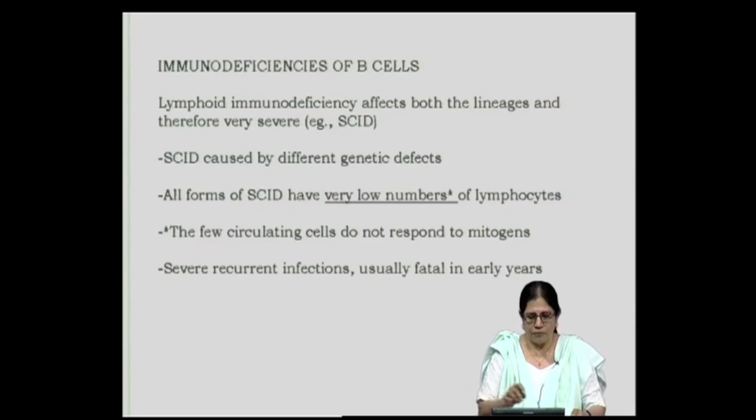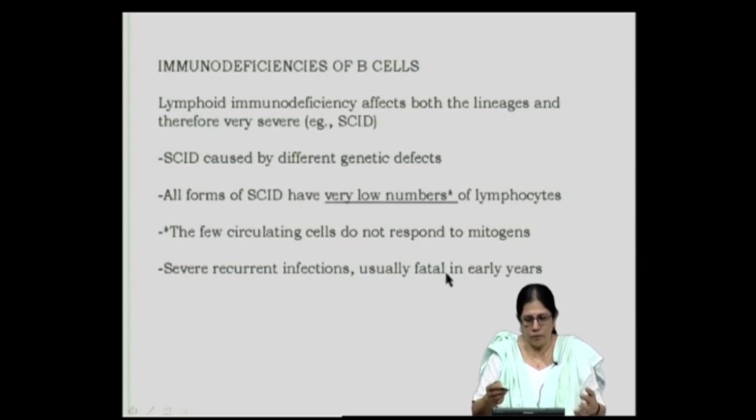However, all forms of SCID have very low numbers of lymphocytes, and even the few circulating lymphocytes that you see do not respond to an antigenic stimulus, as has been studied by stimulating with mitogens.